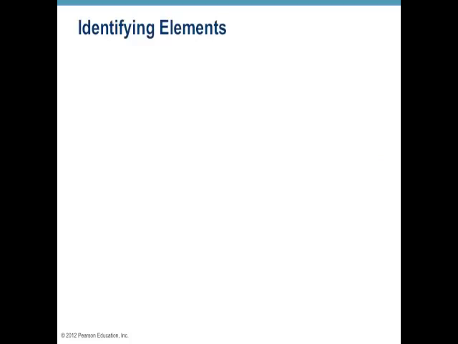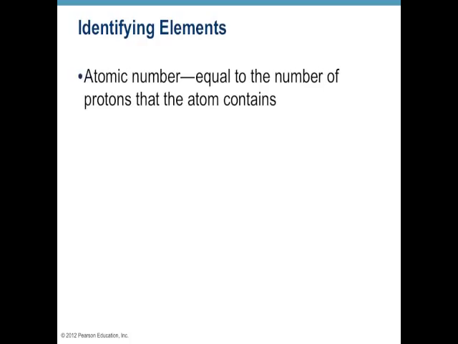Now let's talk about, we were just talking about how we identify the elements. And I already talked about the atomic number, but let's go back over it again. The atomic number is the number of protons that are in the atom, or that the atom contains. Now you're going to find this information on page 30 if you're turning in and following along in your textbook.